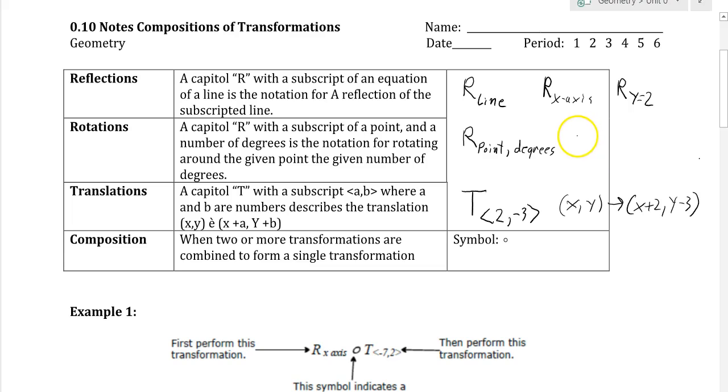So this looks like rotate about the origin, O, 90 degrees. Rotate about the point 2, 270 degrees. So the notation there is kind of confusing because they use the same capital letter R for both things, but it is made clear in the subscript which one is which.